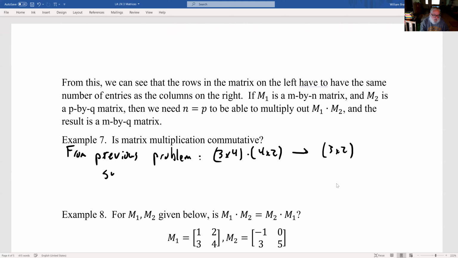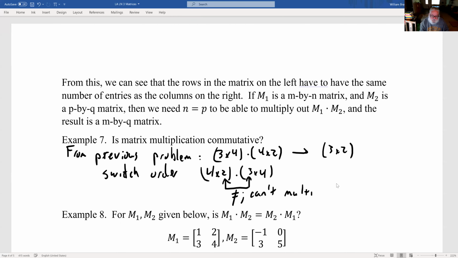If we tried to switch the order, we'd be multiplying a 4 by 2 matrix by a 3 by 4 matrix, and you can't even multiply them together. So in the previous problem, the first matrix can be multiplied by the second matrix, but the second matrix can't be multiplied by the first matrix.